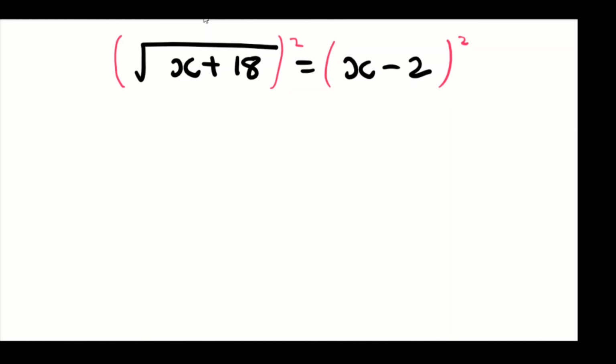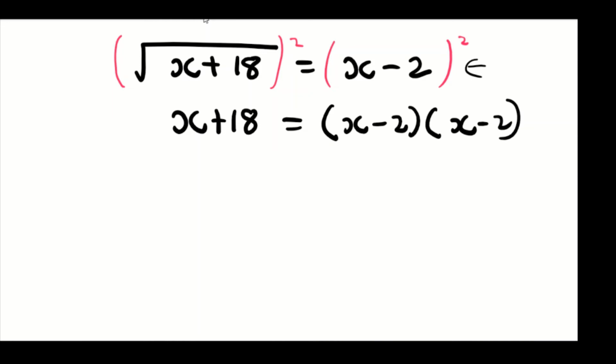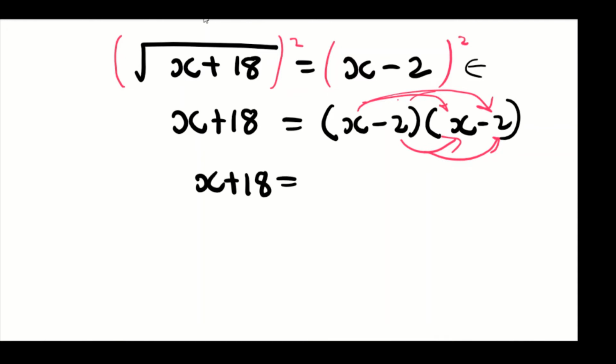What we're going to have on the left hand side is x plus 18 being equal to, you're just going to expand this expression, x minus 2 times x minus 2, and use the FOIL method to find the product. x times x is x squared, x multiplied by minus 2 is minus 2x, another minus 2x, plus 4.